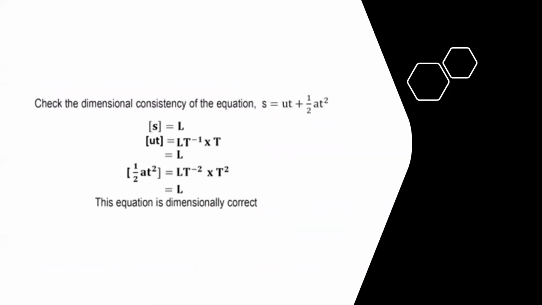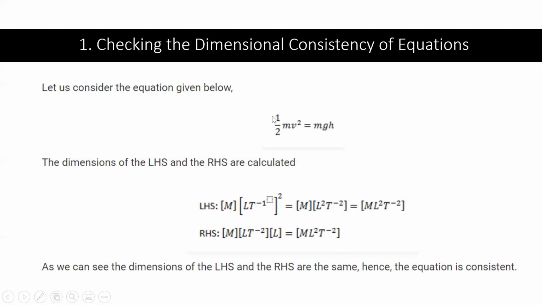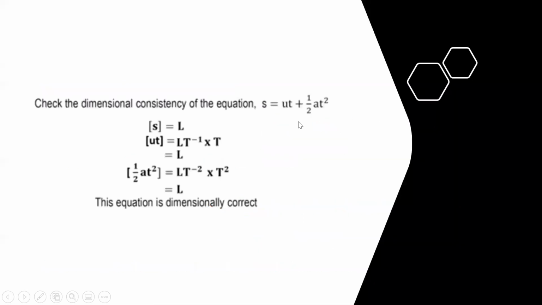Now, another example where we check the dimensional consistency of the equation. The difference here is that in this equation, we had only one term on the left-hand side, one term on the right-hand side. What if there are more than one terms? We have to check whether the dimension of each term is the same.